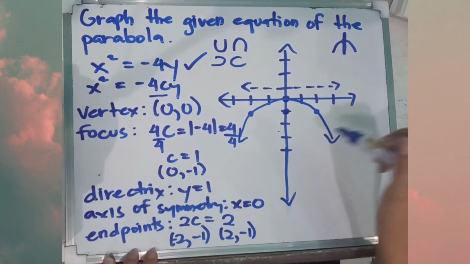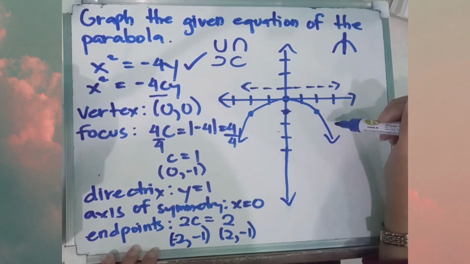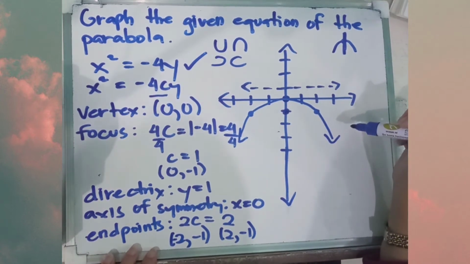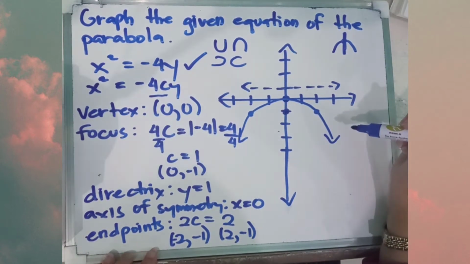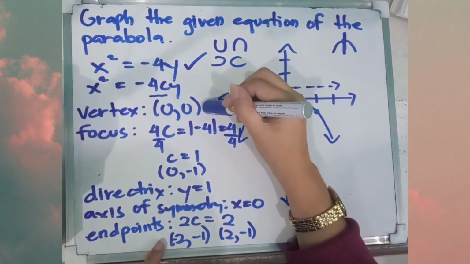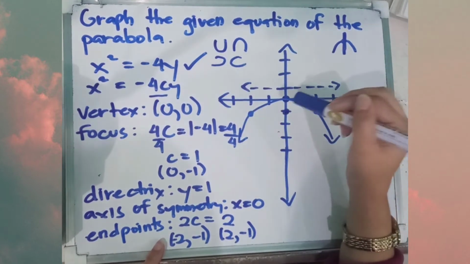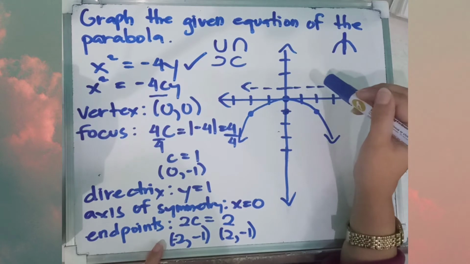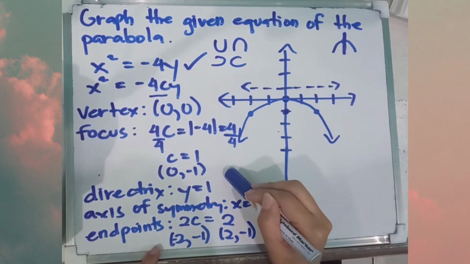So this is the graph of the parabola, the equation of the parabola x squared is equal to negative 4y. So again, first determine the vertex. As soon as you know the vertex, plot that here on the Cartesian plane. Determine the focus.